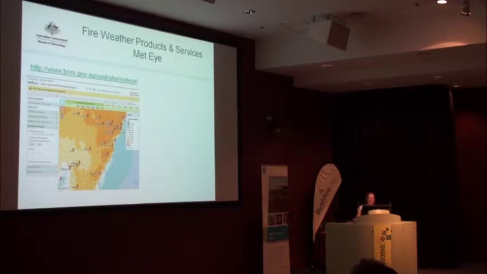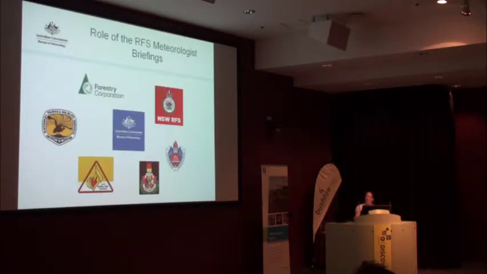As a result, they can extract that data and use it in a lot of their fire behaviour prediction systems as well. So if you want more information about those, you can let me know and I'll speak to you after. So now to the role of the Rural Fire Service meteorologist.